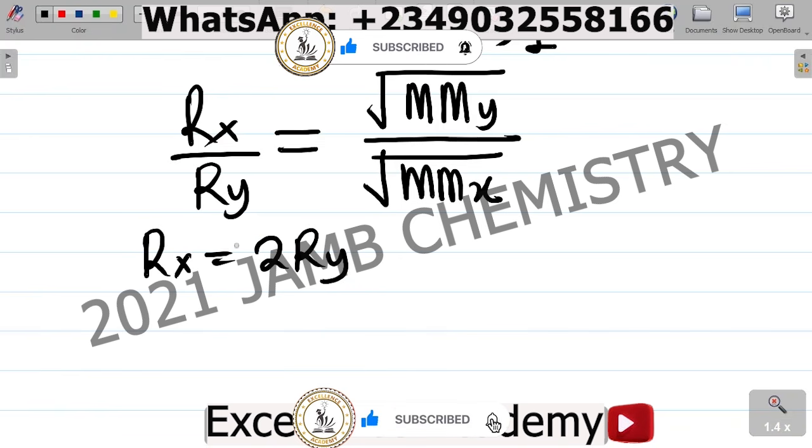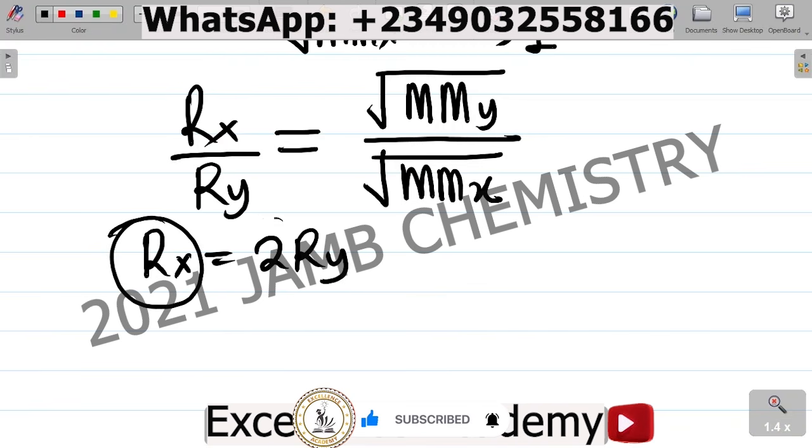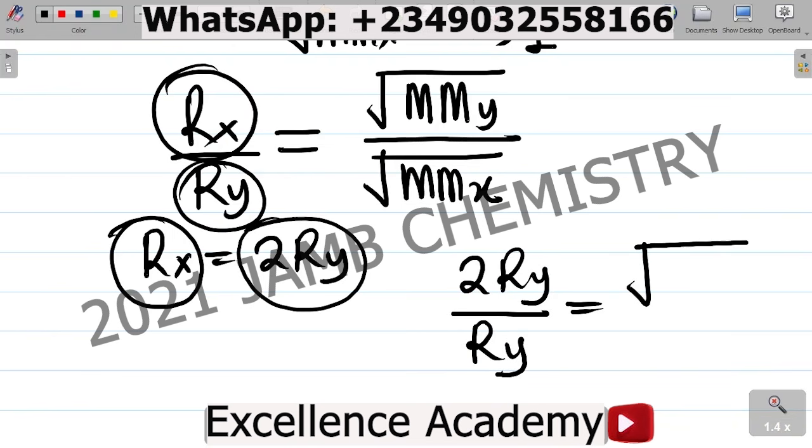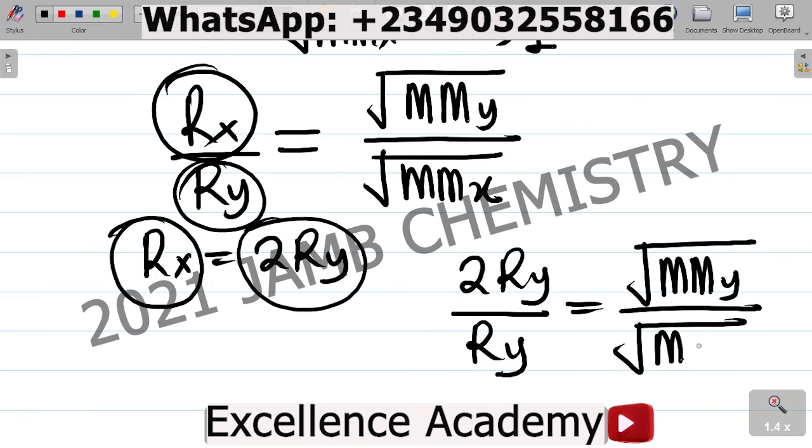Let's substitute values. In place of Rx, I'll put 2Ry. So this becomes 2Ry all over Ry, equal to the square root of the molar mass of Y all over the square root of the molar mass of X.